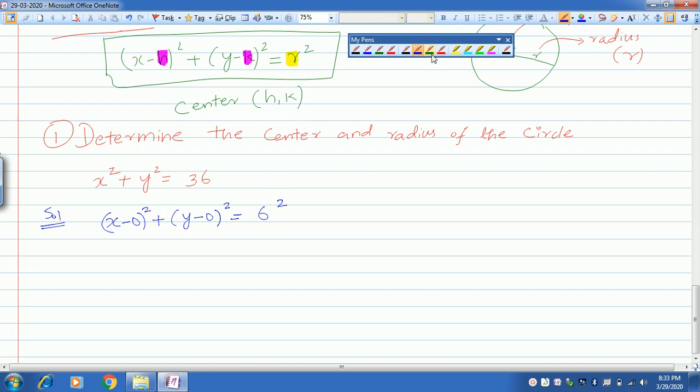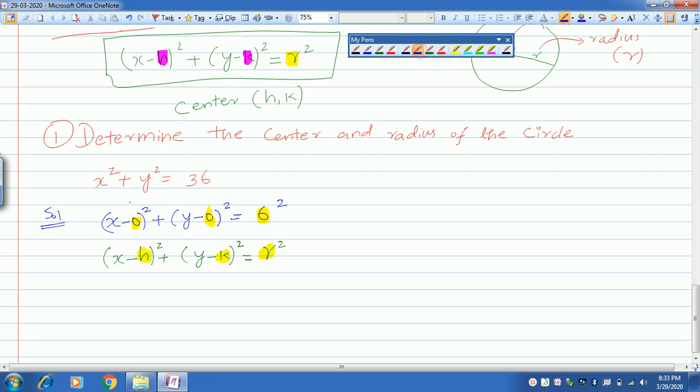Now compare with the standard form of the circle, x minus h whole square plus y minus k whole square is equal to r square. Now if I compare the x and y, what is the h value? The h value is 0 and the k value is 0. What is the r value? R square is 36. If you take the square root, you will get r is equal to 6.